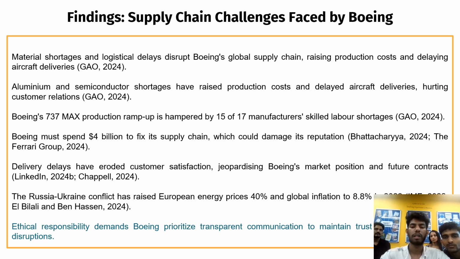This combined challenge has resulted in billions of dollars in additional cost for Boeing and has also posed potential risk to the company's reputation. Boeing has had to allocate over 4 billion dollars to address this issue. Moreover, repeated delay has led to growing customer dissatisfaction, which could result in loss of further contracts and negatively impact Boeing's market position.